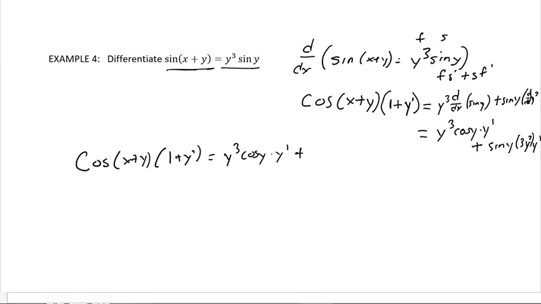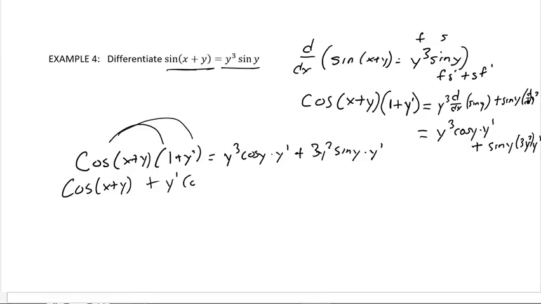Now I have to distribute here, and I'm going to have cosine of x plus y plus y prime times cosine of x plus y, and I'm going to factor out the y prime on the other side. Y prime, and then y cubed cosine of y plus 3y squared sine of y.